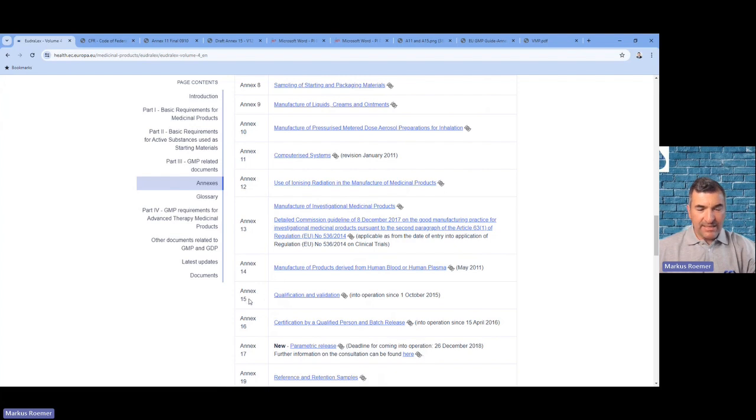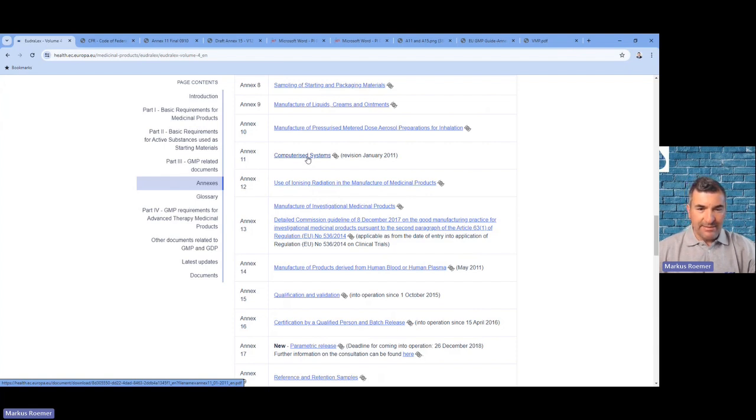We have here Annex 15, Qualification and Validation, and we have Annex 11, Computerized Systems. So maybe in 1991, 1992, people were thinking, oh, computers are coming up, PCs, however we call it, and they might be interesting for our production areas.